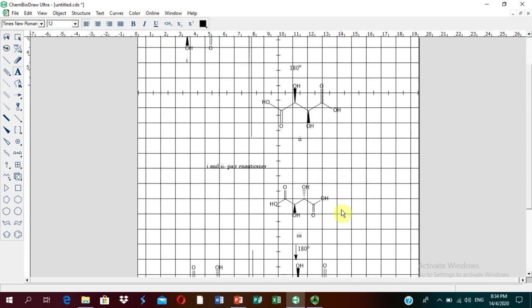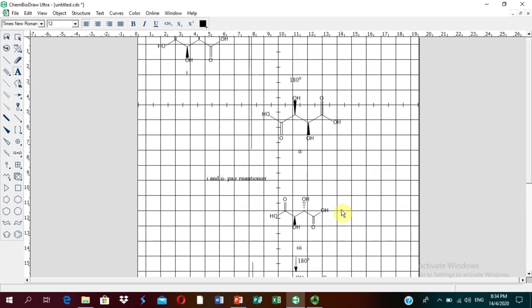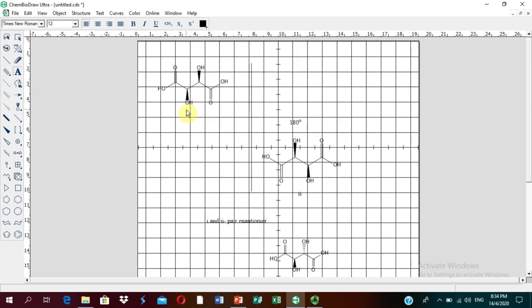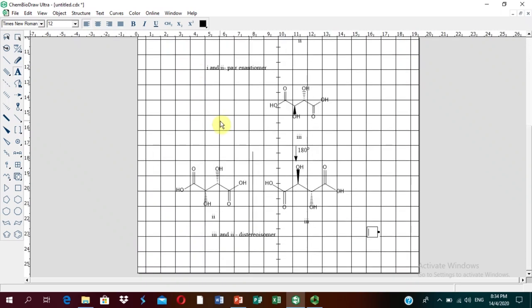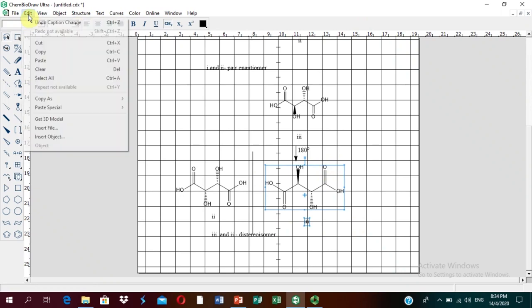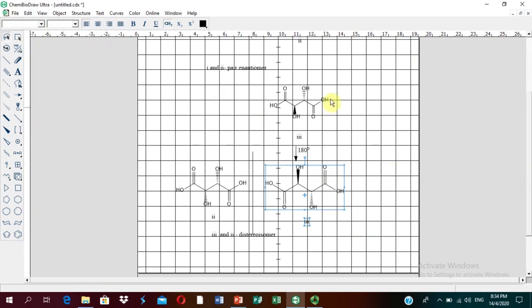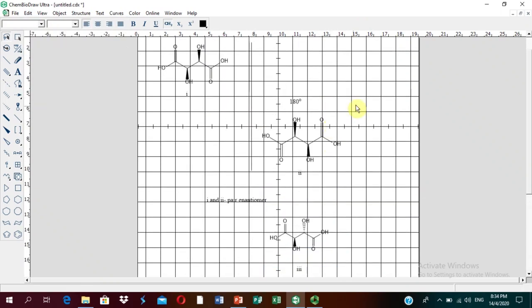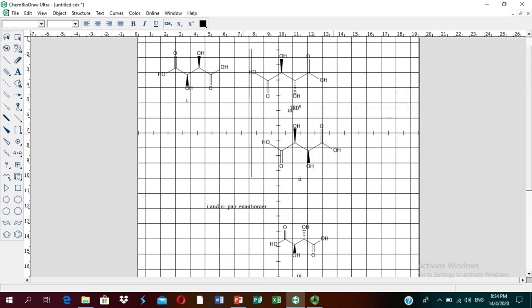So we have one enantiomer pair, one diastereomer pair. We can compare structure number 1 and number 3. So this number 3, just copy, then paste, because we want to check after rotation.